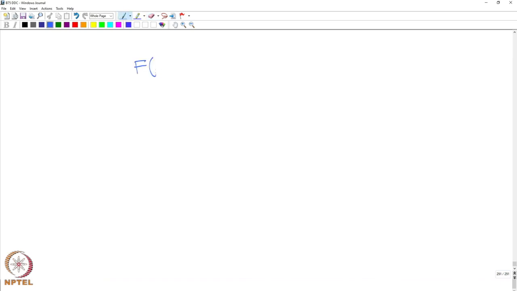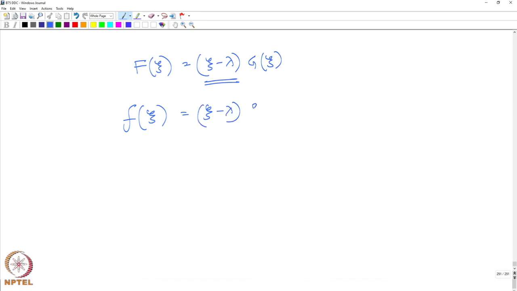This means that f(ξ) is (ξ minus λ) times g(ξ). That means ξ minus λ must be a factor of f(ξ), because f(λ) is equal to 0. So for the 0 row vector, every element must contain ξ minus λ as a factor, so I can pull it out.